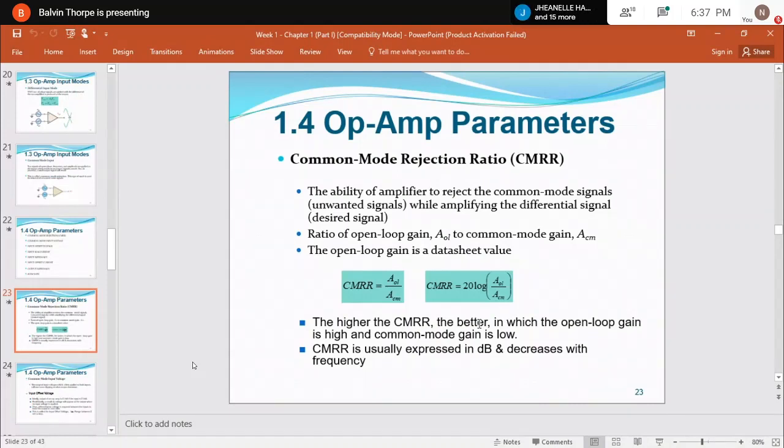The last bullet point says that the CMRR is usually expressed in decibels, in dB. The aspect of it decreasing with frequency, we shall see when we start to look at the frequency response of an amplifier.